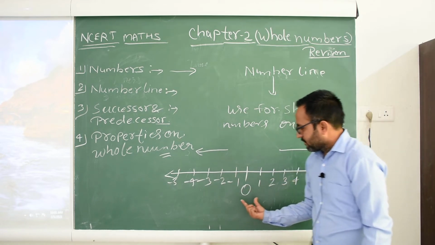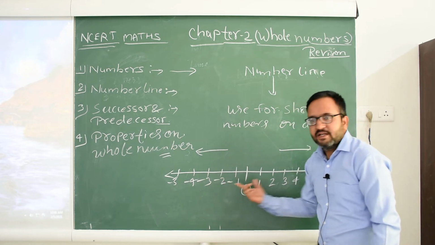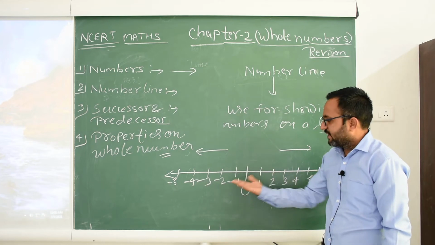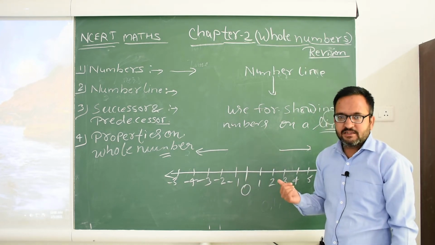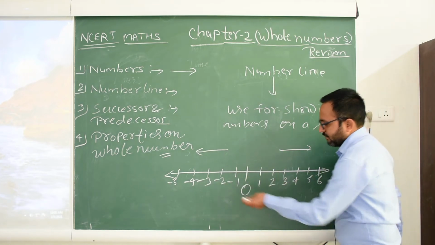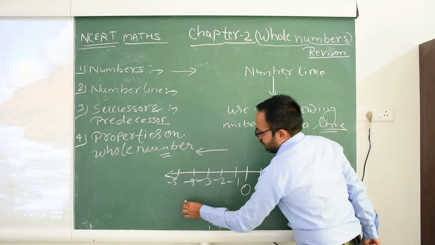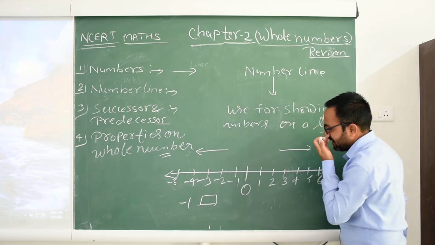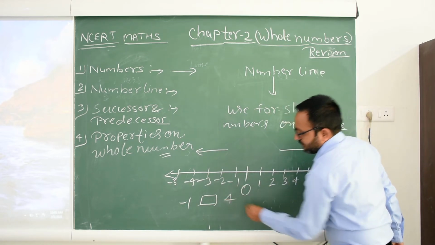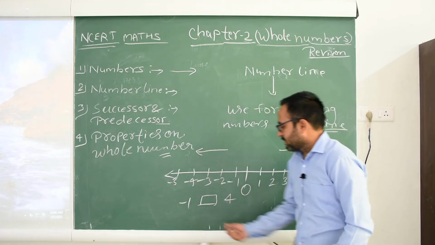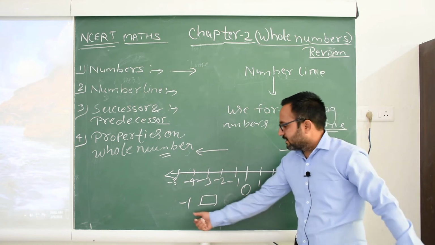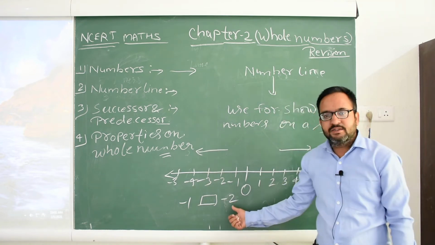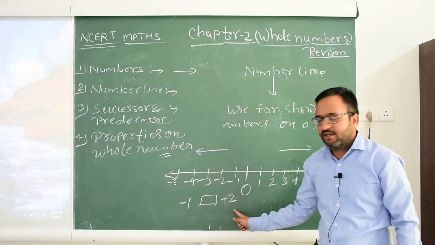Now, which number is greater and which number is lowest? With the help of a number line we can easily find out which number is greatest and which is lowest. Is -1 greater or lower than 4? Which is greater, -1 or -2?